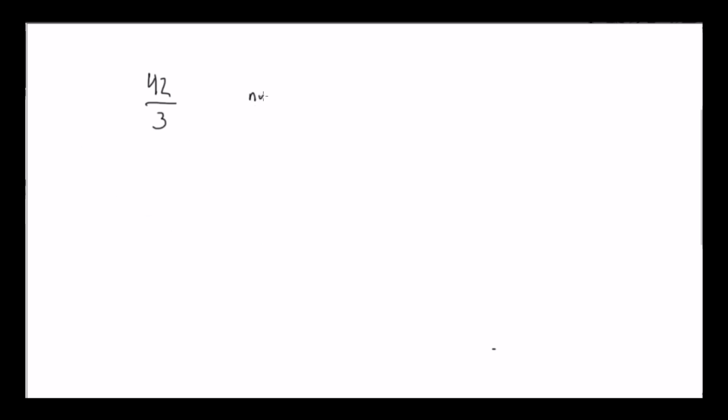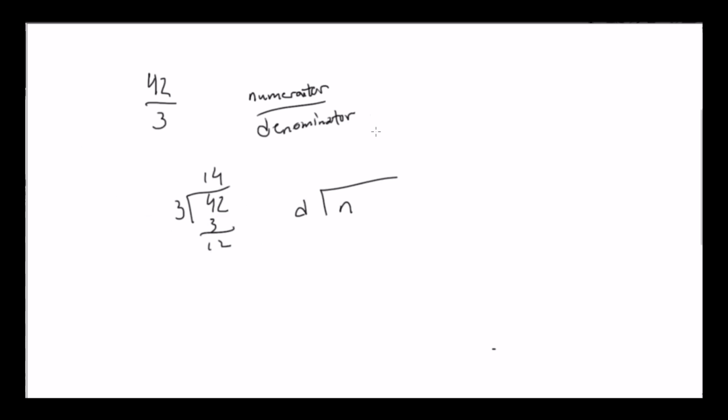You take your numerator. Let's go ahead and mark them so we know. We're going to divide our numerator by our denominator. I'm going to have 42 divided by 3, 1, 3, 12, 4. The answer is 14.